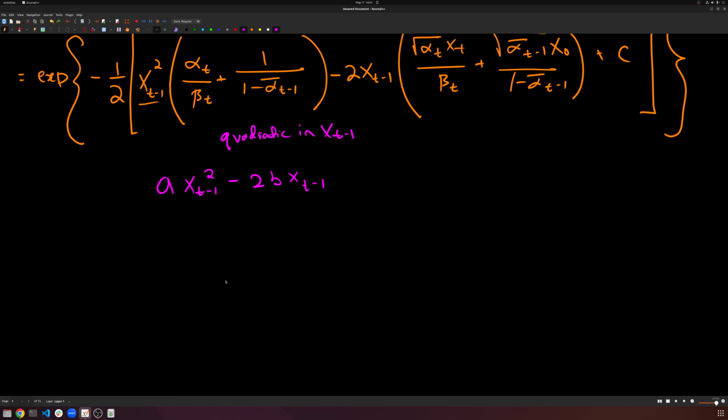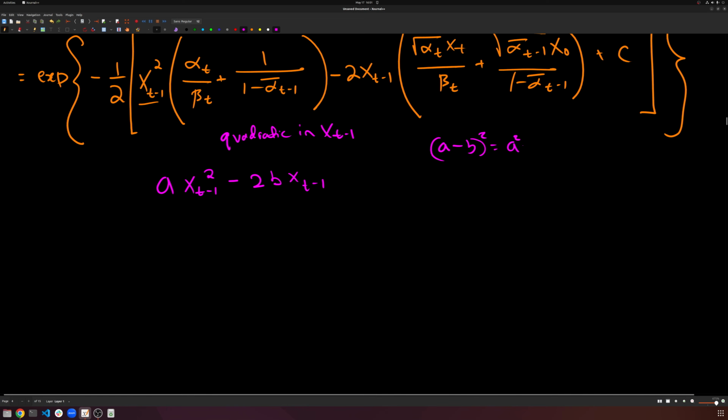Completing the square is just us trying to get this to look like a minus b whole squared, which is equal to a squared minus 2ab plus b squared. I just need to figure out how to get this to work. So let's take a look. We have something squared.